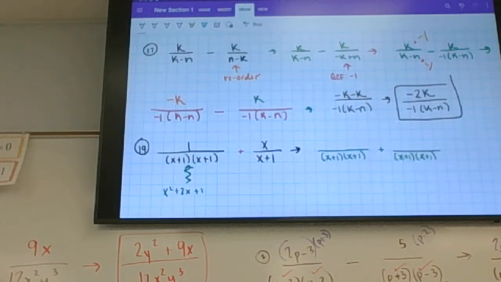This is actually a really important problem because it shows you when, and only when, you write the same factor twice. This one has 2 x plus 1s in it because one fraction has 2 x plus 1s in it.